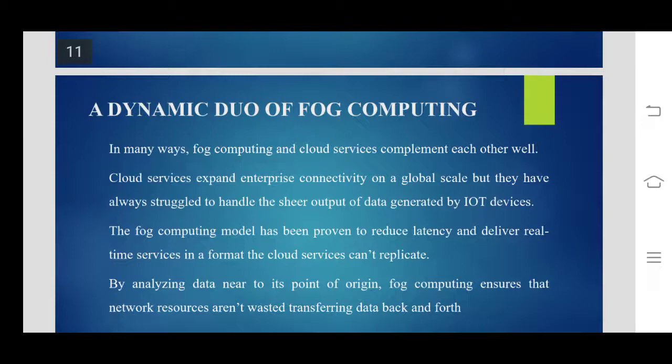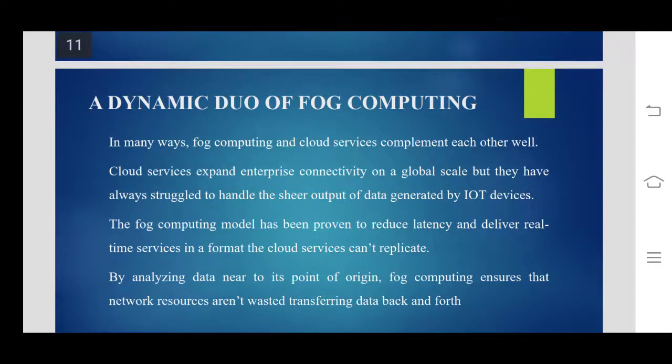A dynamic duo for computing. In many ways, fog computing and cloud services complement each other well. Cloud services expand enterprise connectivity on a global scale, but they have always struggled to handle the sheer output of data generated by IoT devices.